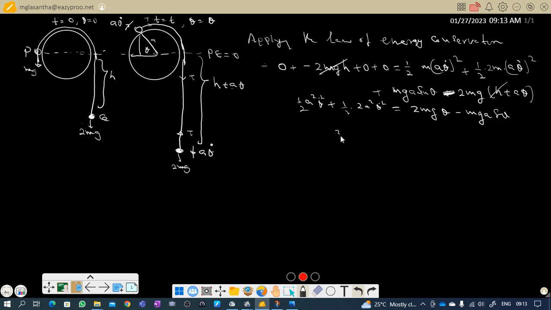So this equals 3 by 2 a squared theta dot squared, equals, m gets cancelled, m is not there, 2g a theta minus g a sin theta.